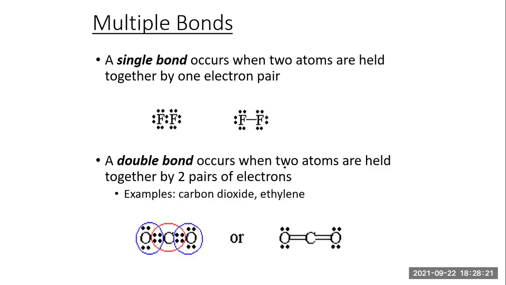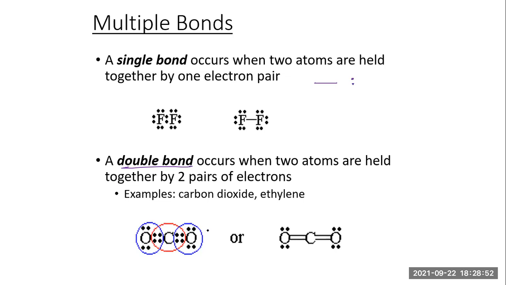Now, to reach the octet rule, to make everybody happy, sometimes that requires just a single bond, as we see here with fluorine. It just requires a single bond, which basically can be represented by one line or basically a pair of electrons or 2 dots. There are certain cases where you just can't get that octet rule met with single bonds. So sometimes we could fix that by making a double bond. And we actually see that in CO2 here.